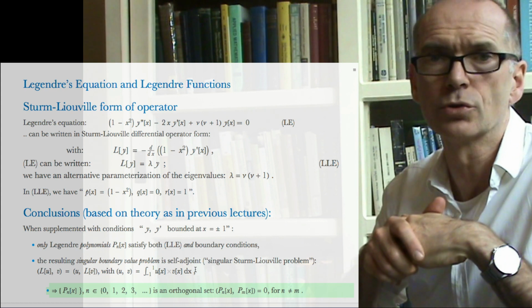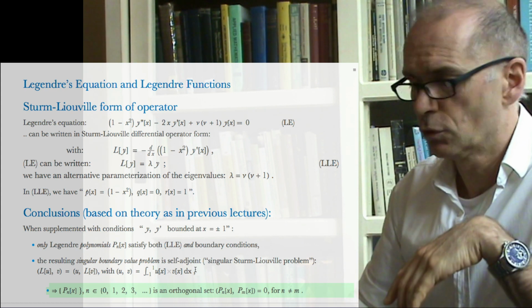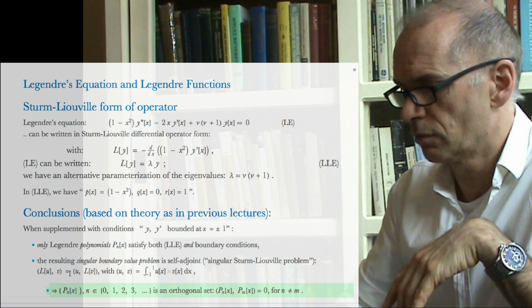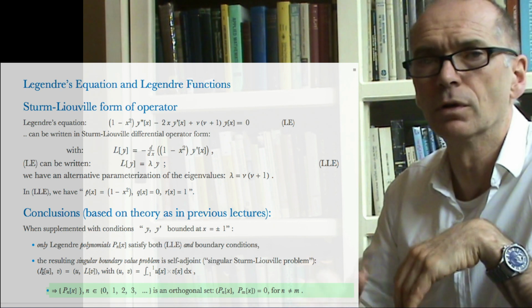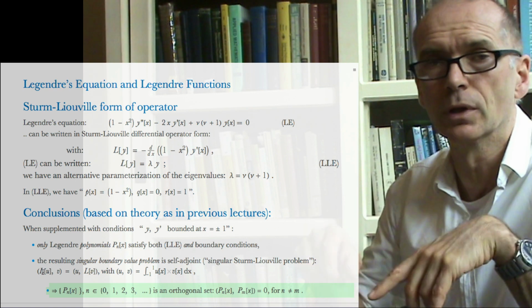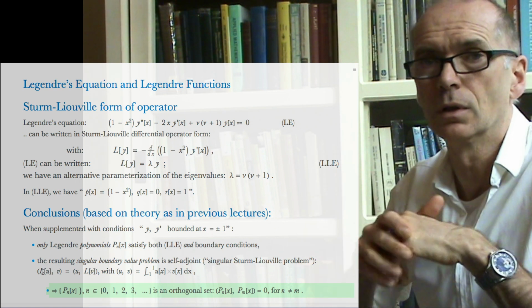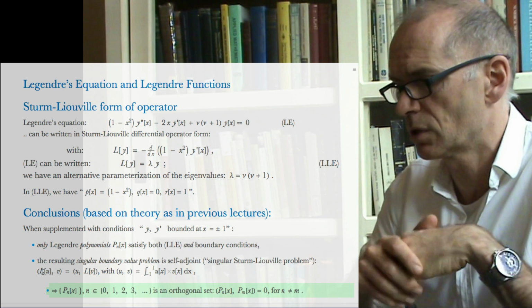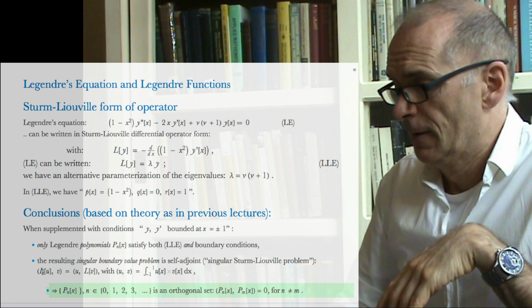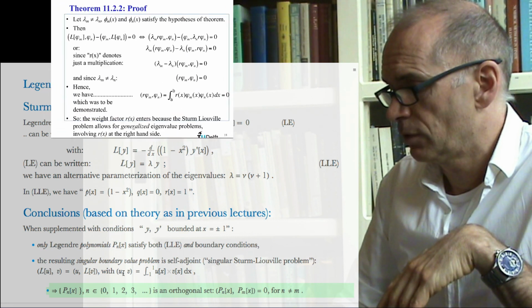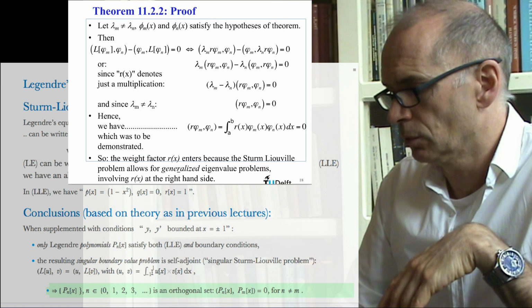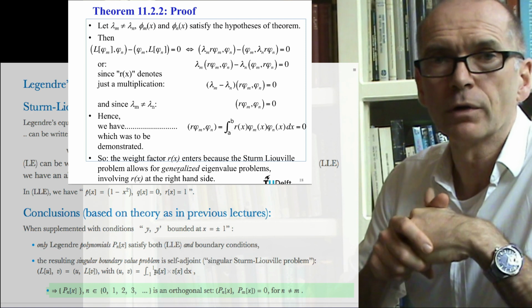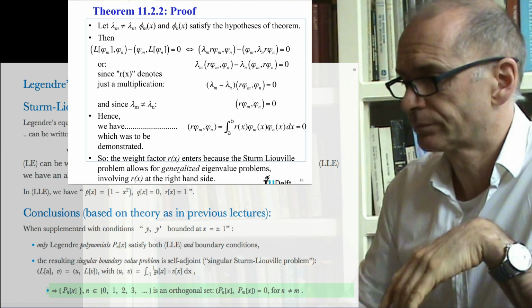which plays two roles in the theory. First of all, we use this to define self-adjointness, that was here. So you have to be able to move the differential operator from one slot to the other. That was the check of the condition on self-adjointness. And it is used to define the orthogonality of the functions, and then in principle this weight function r of x occurs here.